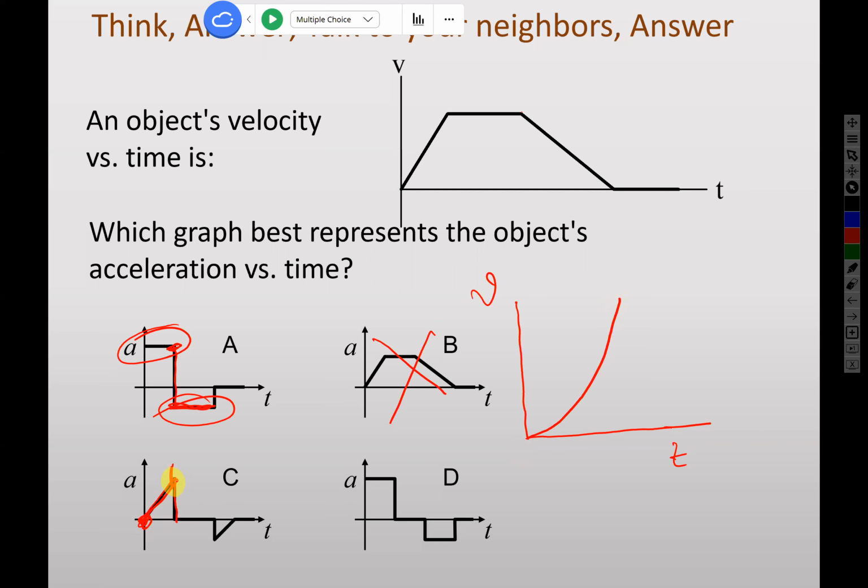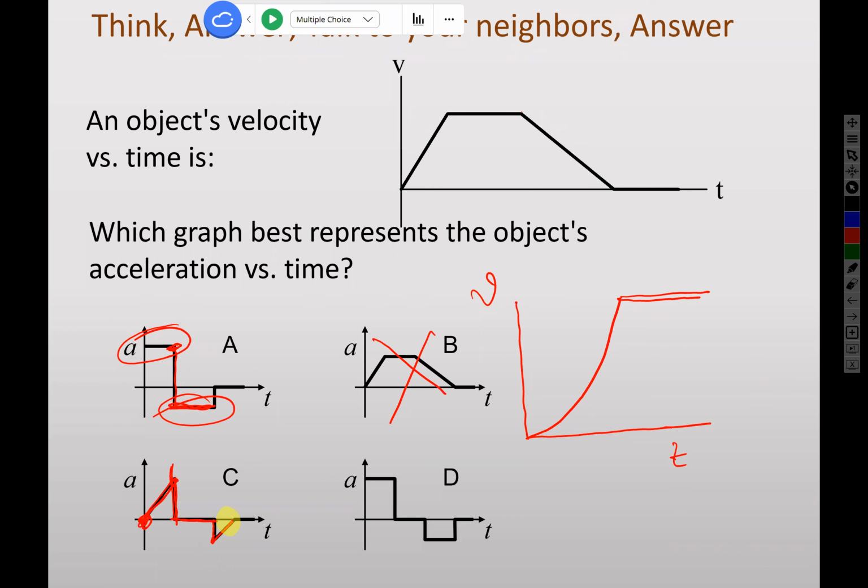And then what happens? Acceleration goes suddenly to 0 and remains 0. So that means now it has to be a straight line. Slope of this line is 0, isn't it? And then acceleration is negative suddenly. So that means it has to slope down, negative but decreasing.